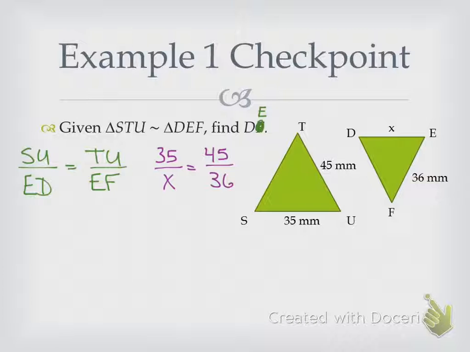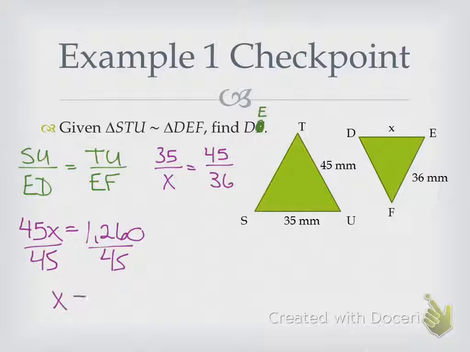Cross products, 45x equals what? What's 35 times 36? 1,260. Divide both sides by 45. x equals 28 what? Millimeters. You got it right.